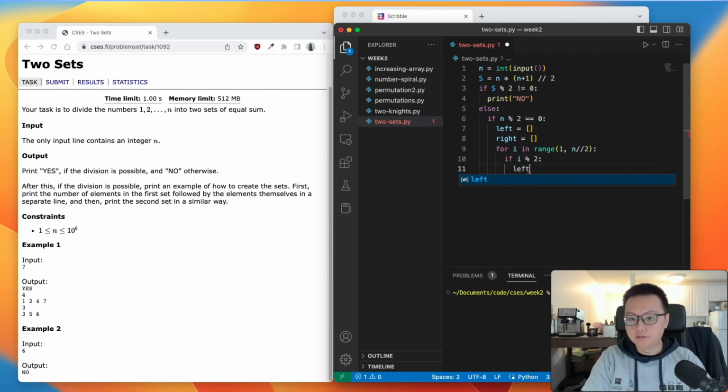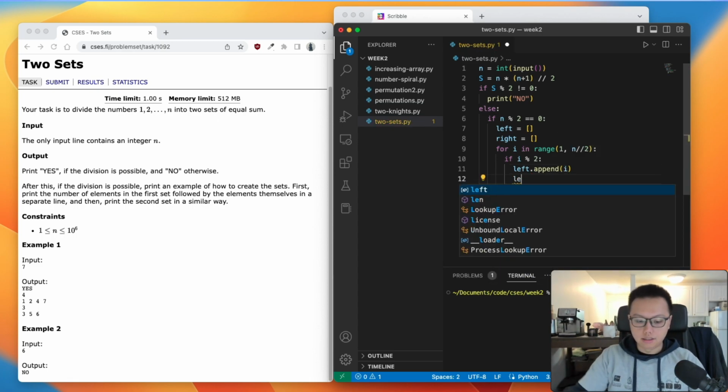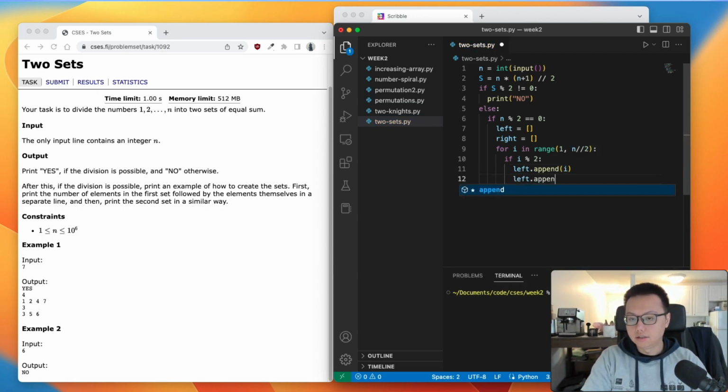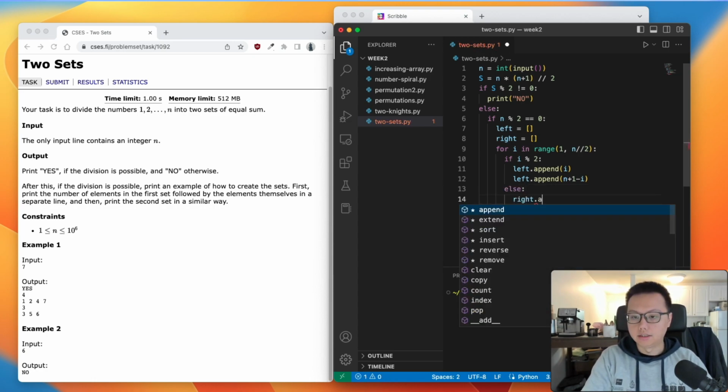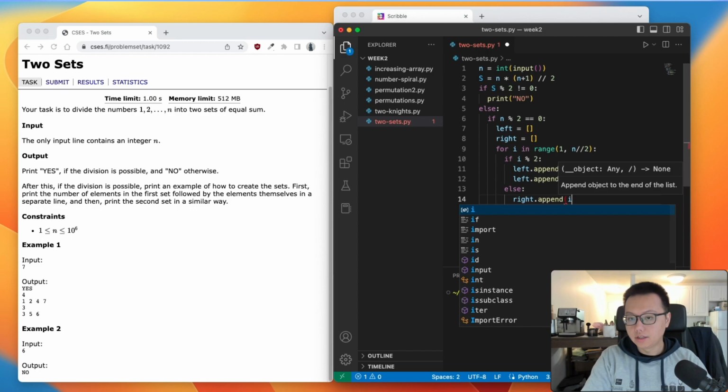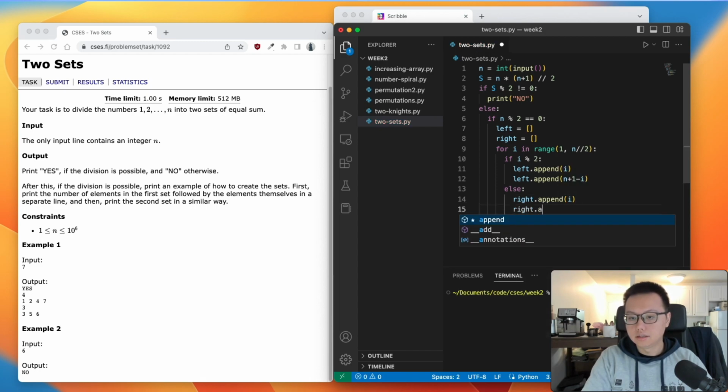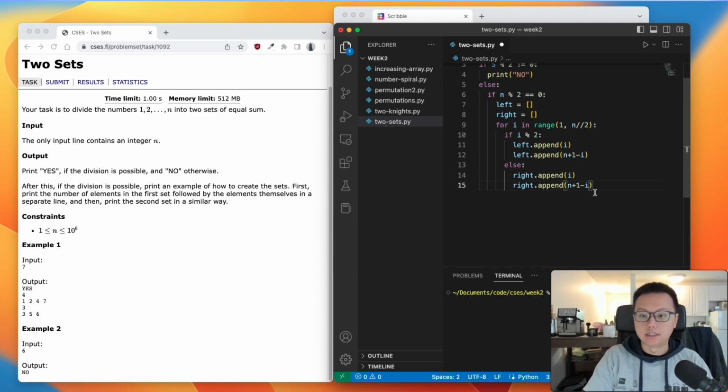So we put it to the left, and we also put the other side of the pair. Otherwise, we put it into the right. So they will have the same sum. Okay, so this is basically the case where n is an even number.